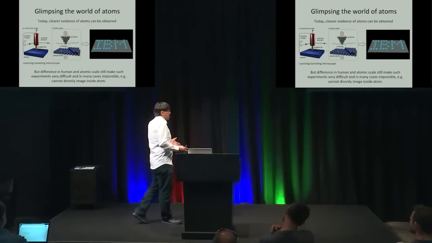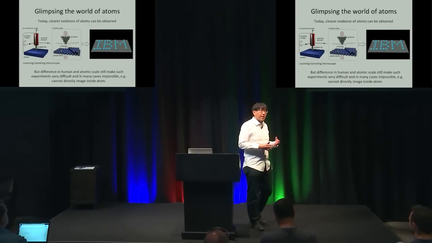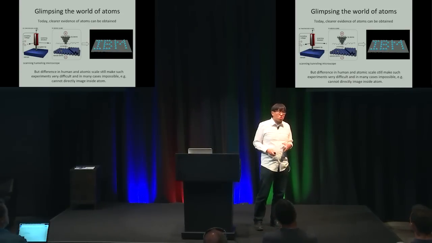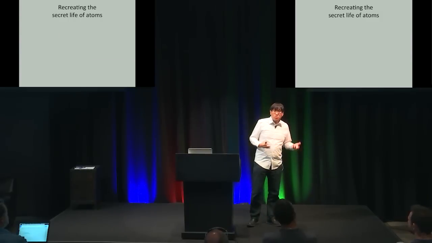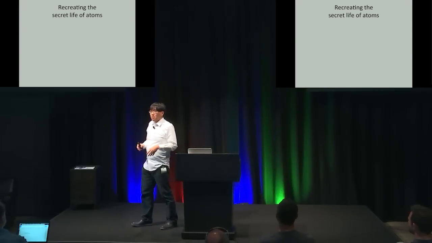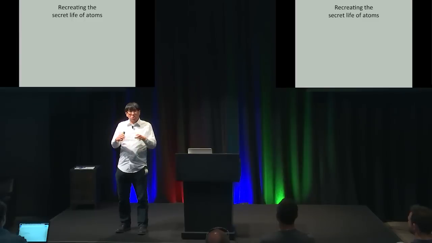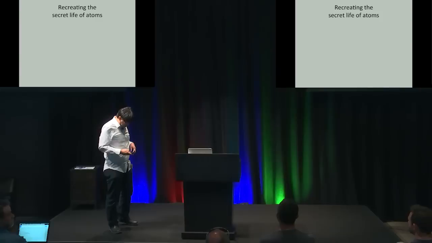And so that motivates a different way to try to interrogate the world of atoms and molecules. And that's to not try to study it experimentally, but to try and recreate it digitally inside a computer. And so you can study just the simulation of the atoms inside your silicon chip rather than having to carry out a complicated experiment.